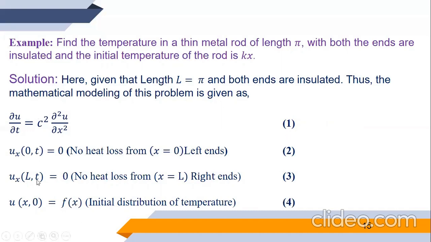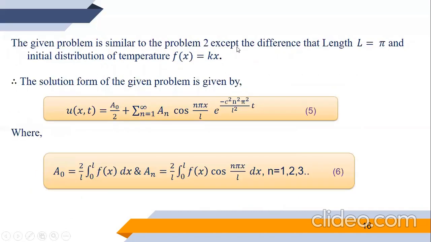In this problem we consider L equal to pi, and the initial temperature distribution f(x) is given as kx. Therefore the given problem is similar to problem 2, except that the length L is pi and the initial temperature distribution f(x) is kx.